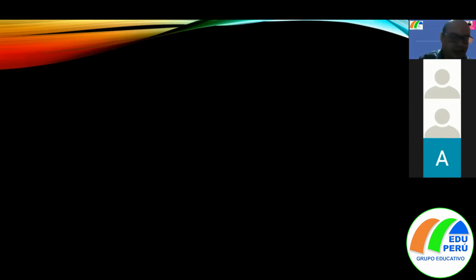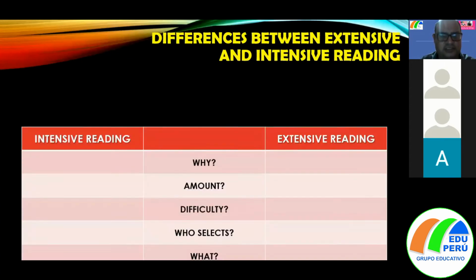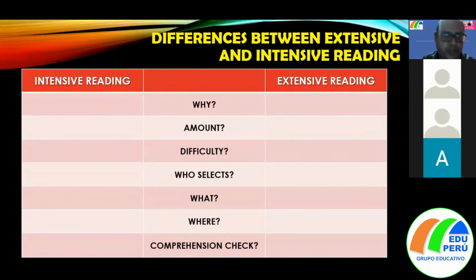Now, in order to sum up, we are going to analyze some differences between extensive and intensive reading. Here we are going to answer some questions: why, the amount or quantity, difficulty, who selects, what, where, and comprehension check.